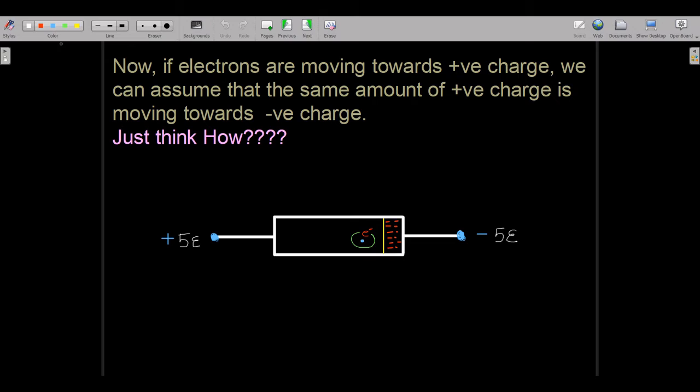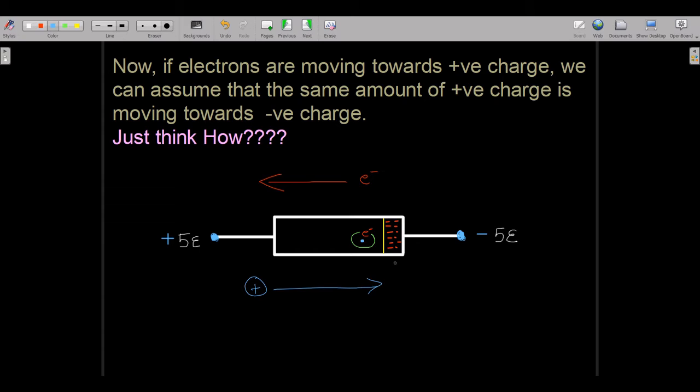I want you all to think on it. If this is an electron moving towards positive charge, we can also assume that the same amount of positive charge is moving towards negative charge, or basically over this side. But just think how, and why?